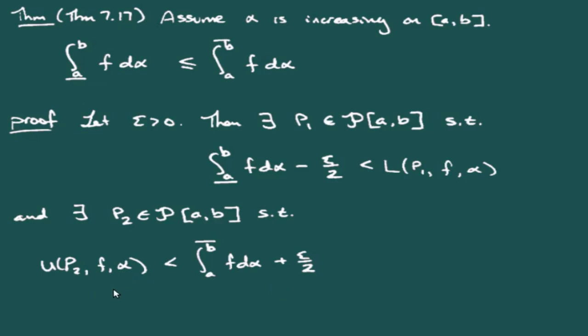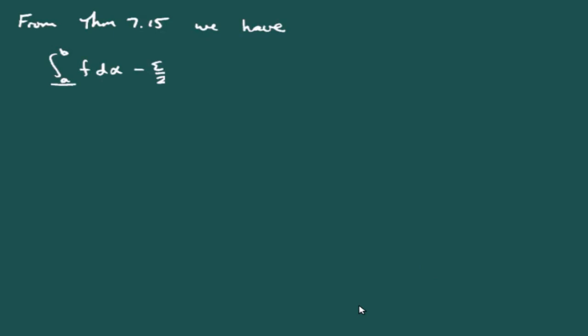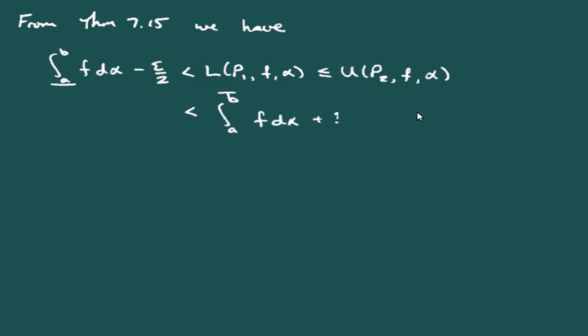Then, applying one of our consequences from theorem 7.15, we have our lower Riemann Stieltjes integral minus epsilon over 2 less than our lower Stieltjes sum, but that's less than or equal to our upper Stieltjes sum over the other partition, P2, and that one is less than our upper Riemann Stieltjes integral plus epsilon over 2.